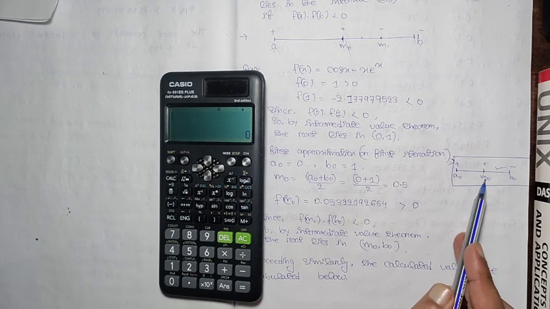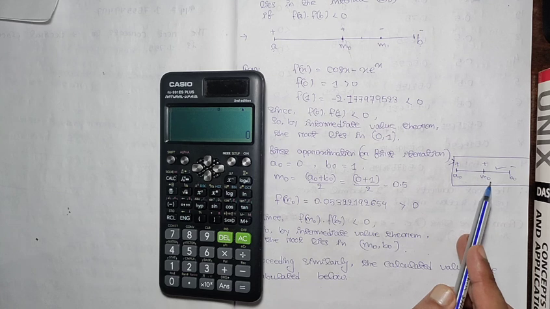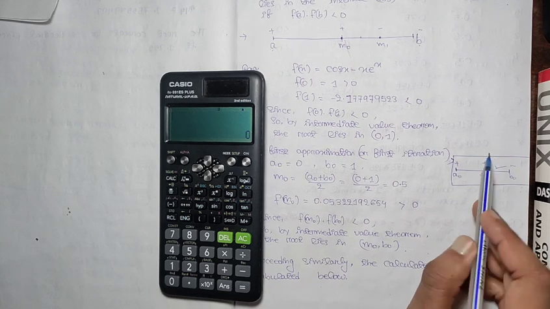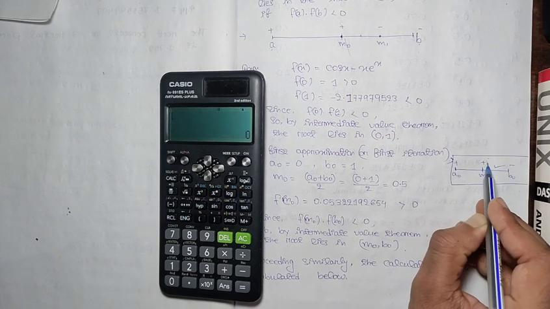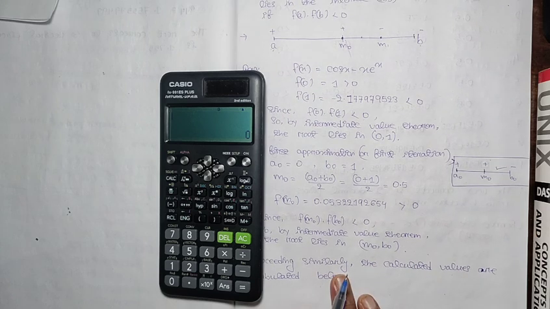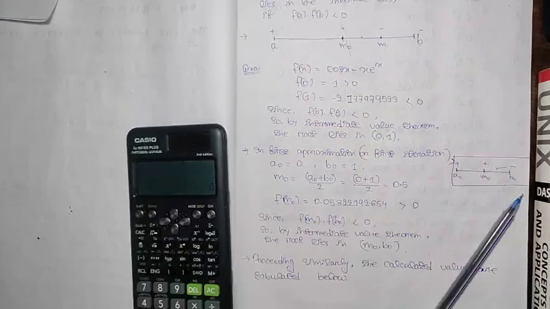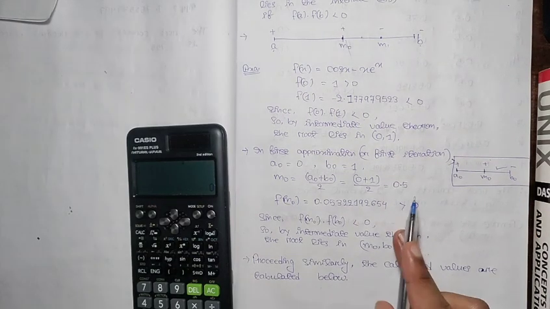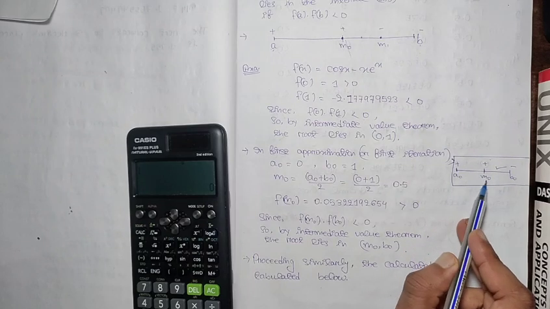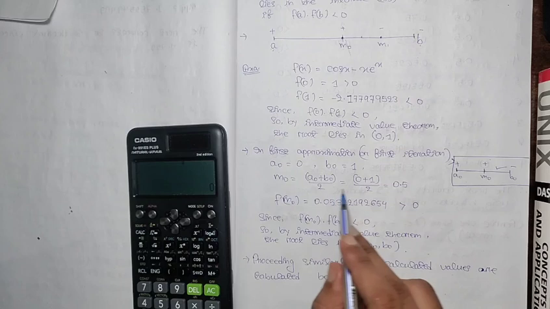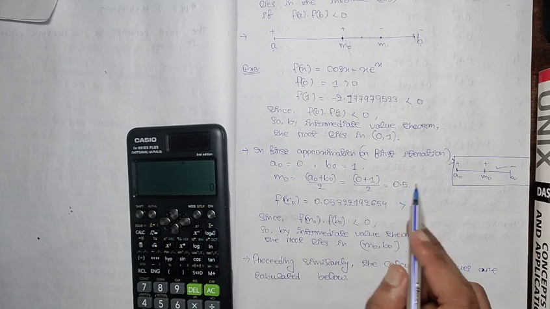So m0 equals 0.5. Now it is important to know the sign. See here how to get the sign of m0: the midpoint is 0.5.